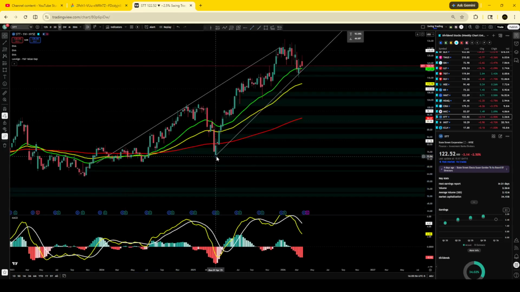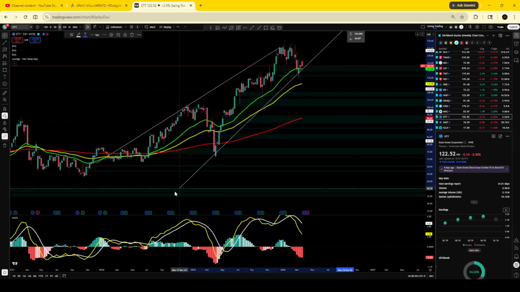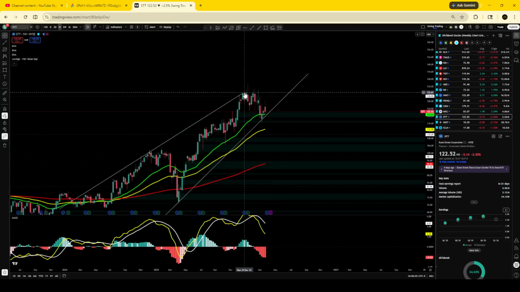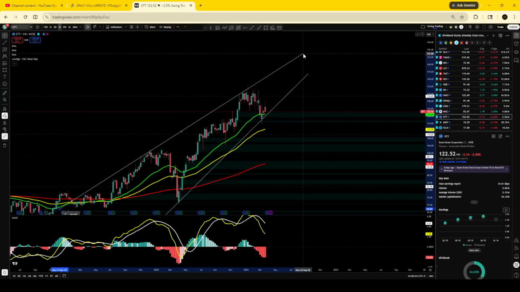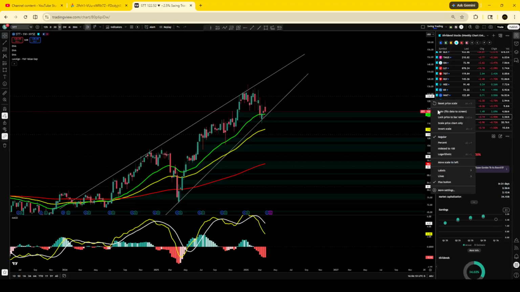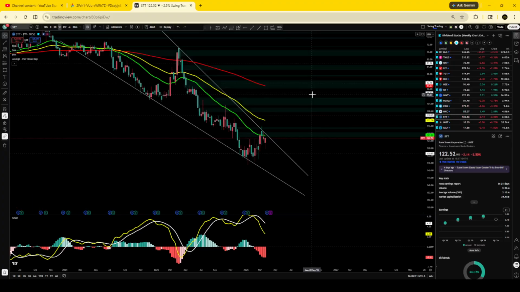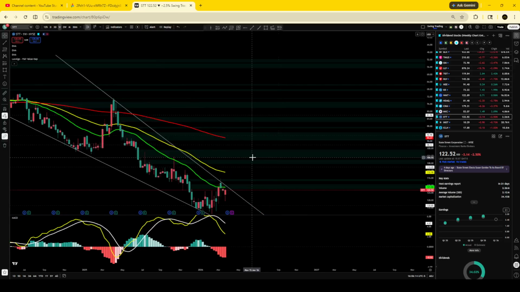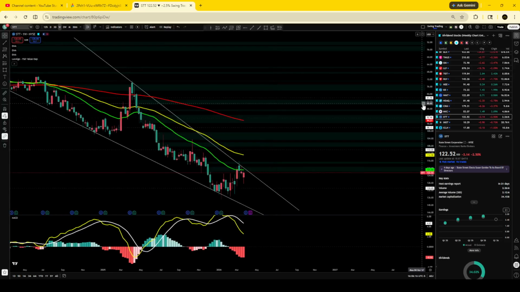And this is called a rising wedge. And if I were to flip it, it would be a falling wedge, which is a very strong pattern to the opposite side.